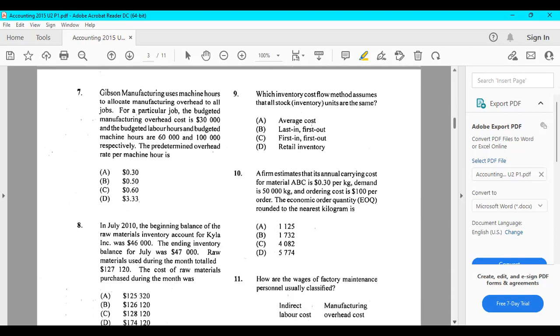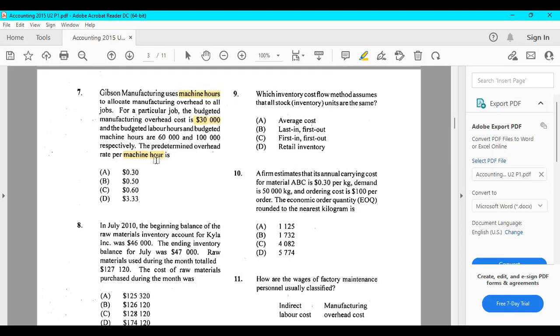All right, number 7. Gibson Manufacturing uses machine hours to allocate manufacturing overhead to all jobs. For a particular job, the budgeted manufacturing overhead cost is $30,000, and the budgeted labor hours and budgeted machine hours are 60,000 and 100,000 respectively. The predetermined overhead rate per machine hour is... So we need to use machine hours as our allocation base, our activity level.